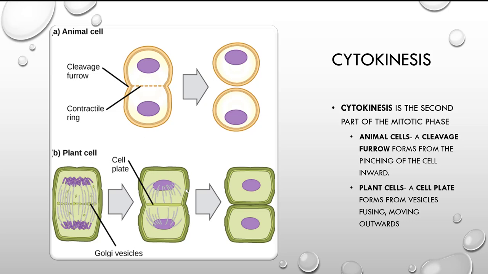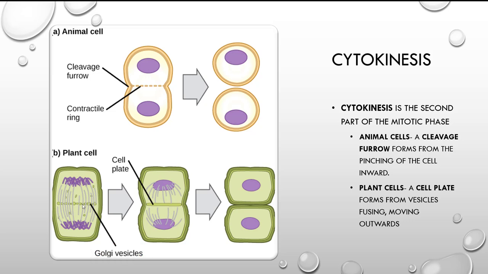In a plant cell, it's a little different. Instead of it being pinched inward, you have this big cell wall on the outside and then the cell membrane. It starts inwardly. We actually have these vesicles that start to fuse together along the center of the cell.